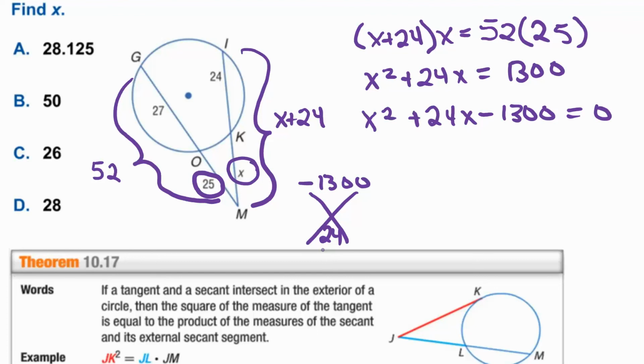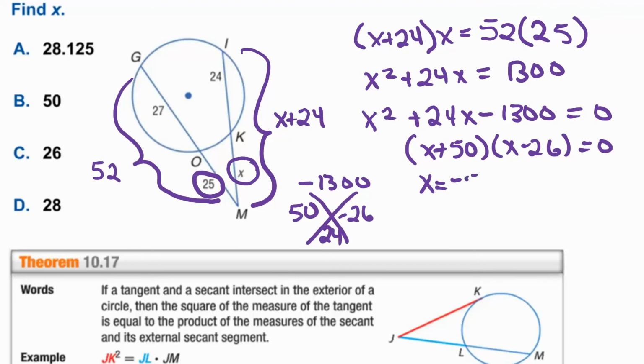Those two factors would be 50 and negative 26. So x plus 50 times x minus 26 equals 0, and you need to show all these steps. Solving x plus 50 equals 0, I would have x equals negative 50, or x minus 26 equals 0 would give us that x equals 26. I can't have a negative length, so my answer would be x equals 26.